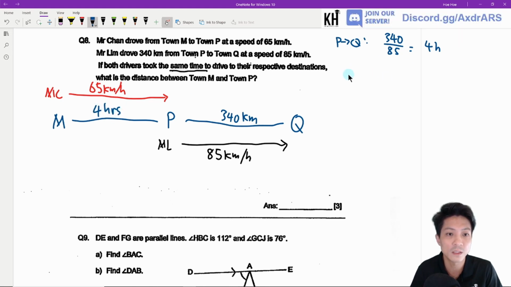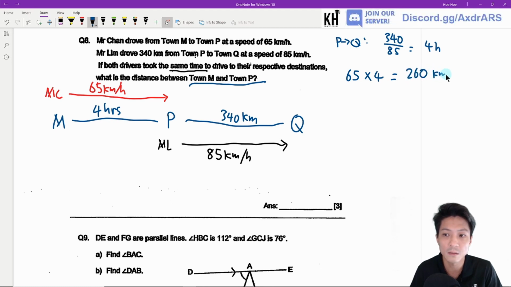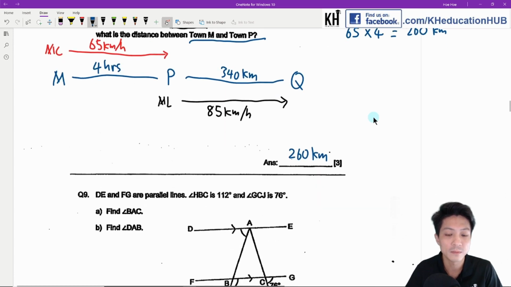So to find the distance from M to P, I just need to use 65 km per hour times 4. That will be 260 km. This will be the distance of town M to town P.